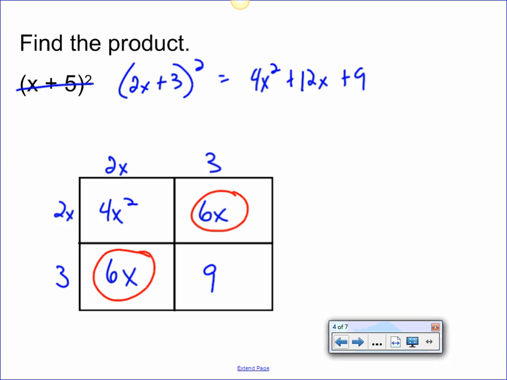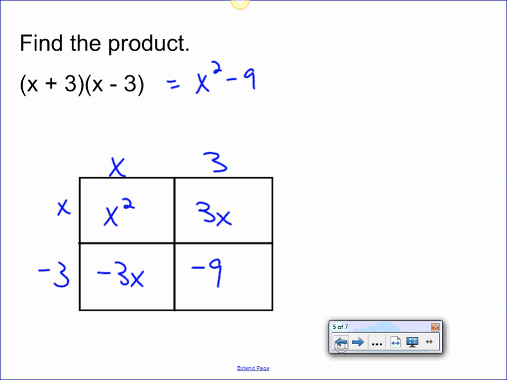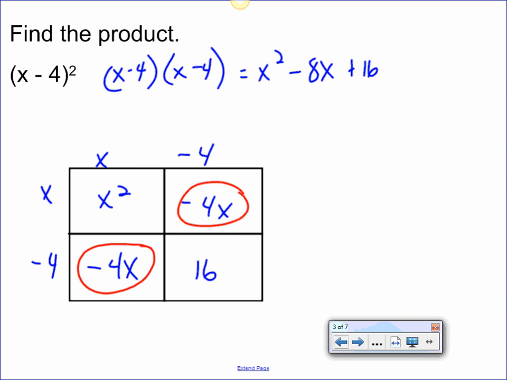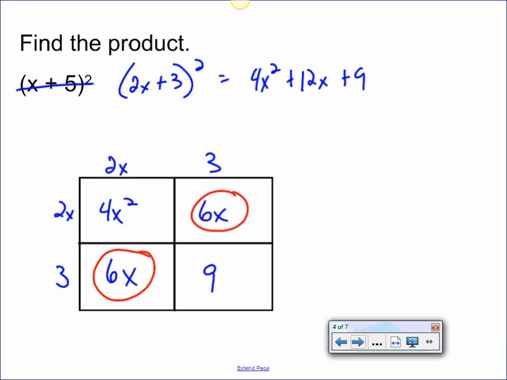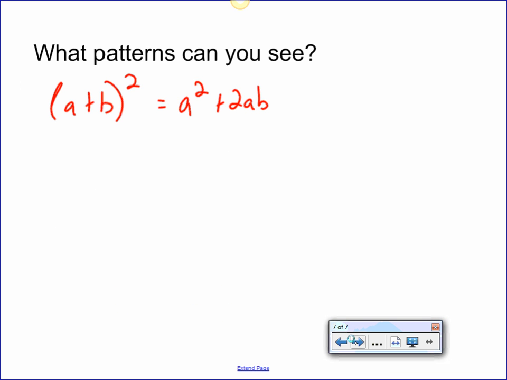The 4x squared came from a 2x times a 2x, which is the a term squared. Okay, hopefully we can see that I got 2 of these terms, which, when I flip back here, would be these terms that we circled here, which came from multiplying the first term and the last term. So that's why I say it's 2 times ab. And then the last part is just the b squared.